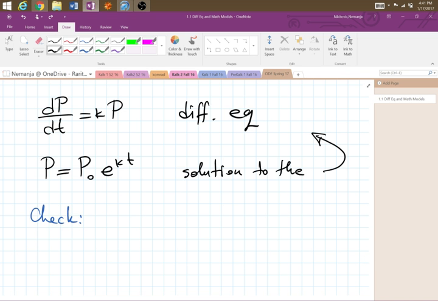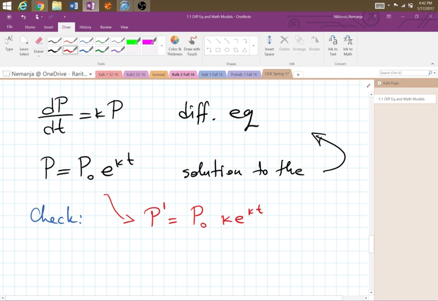So clearly, I need to plug in the derivative of P over here and P itself over here. So you just replace them. From here, what's the derivative? P prime. It's P0, and then the derivative of e^(kt) is k e^(kt).